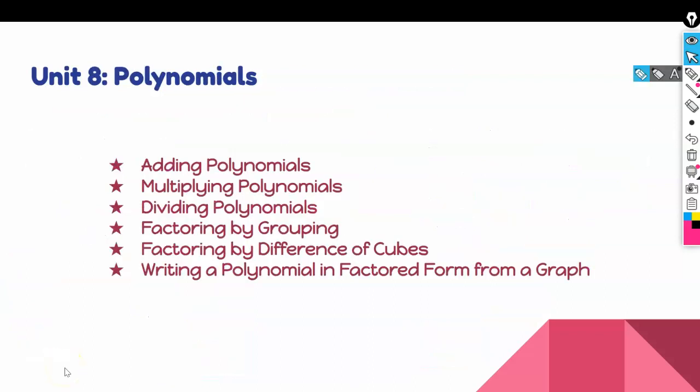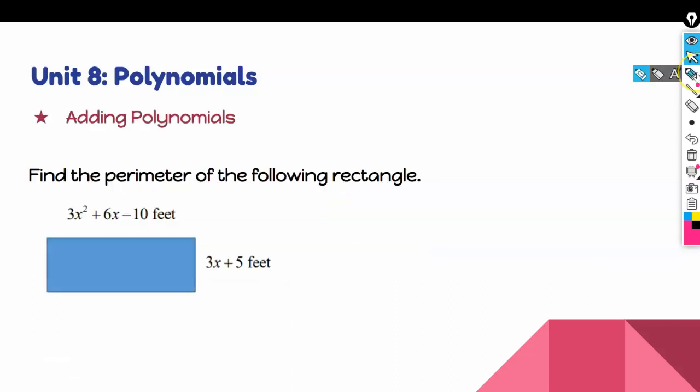Okay, moving on to polynomials. I know it looks like a lot, but we have talked about this before, and I will show you the specific types of problems that you will see on your test that have to do with these topics. Here it asks to find the perimeter of the following rectangle.